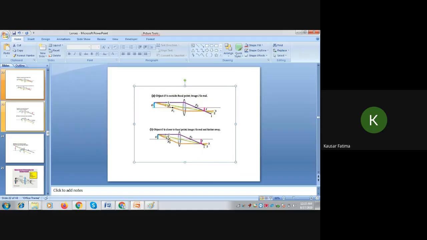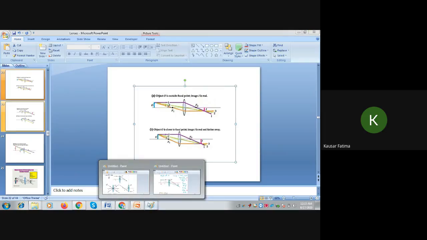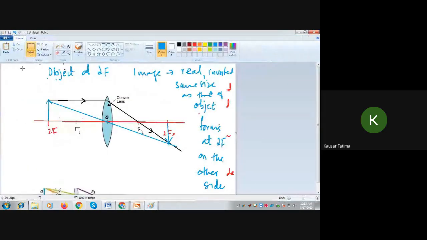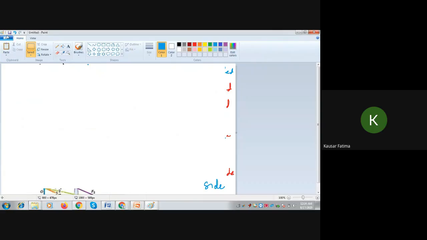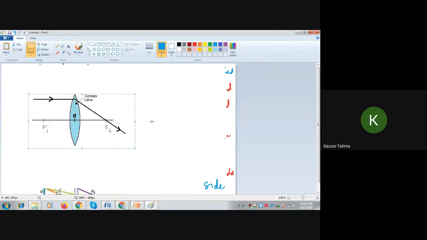Here two diagrams were shown. If you keep on bringing the object close, what will happen? The image will keep on shifting away. Let us draw one more diagram. What if the object is placed between F and 2F?